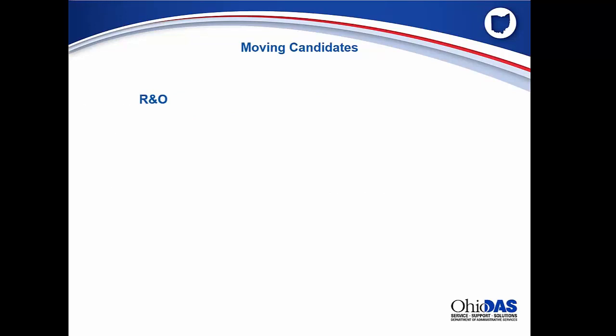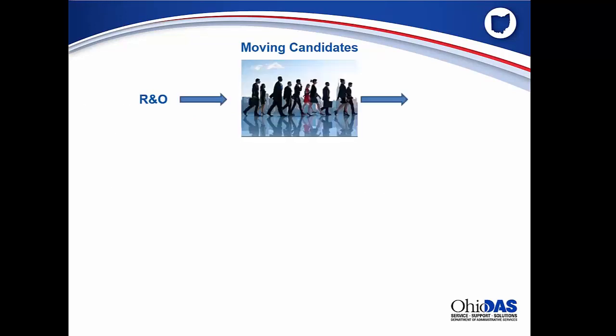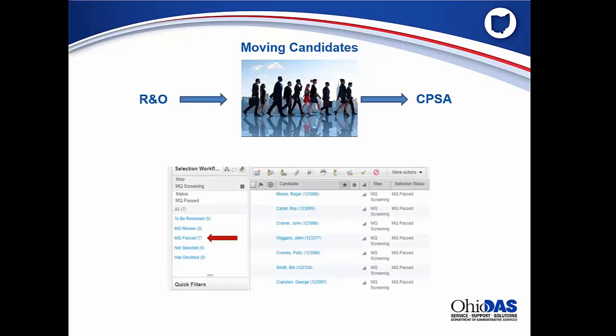And then moving candidates from Recruit and Onboard to CPSA, at this point you have candidates who have applied and met your minimum qualifications, and they're in a status of MQ passed in this example and a step of MQ screening. So those candidates would be ready to move to CPSA.